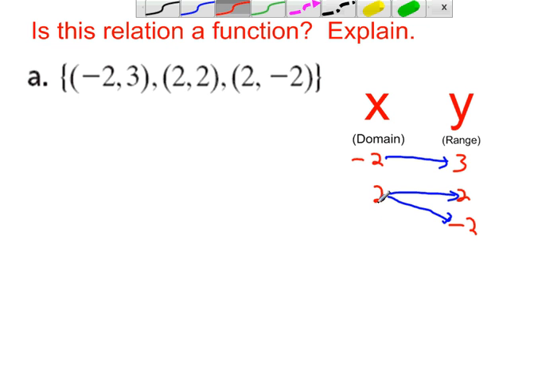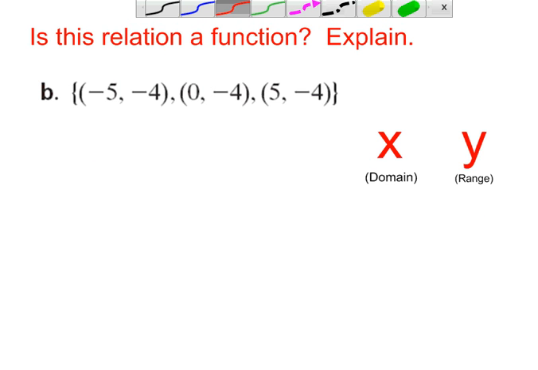That is not true. The number 2 has 2 ranges. So this is not a function. It still is a relation, but it is not a function, and the reason being is that the domain of 2 has 2 ranges.